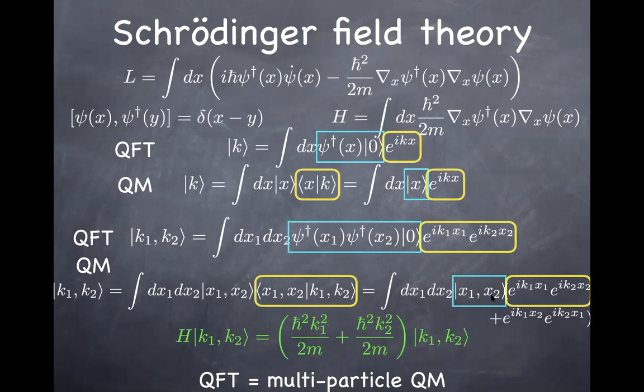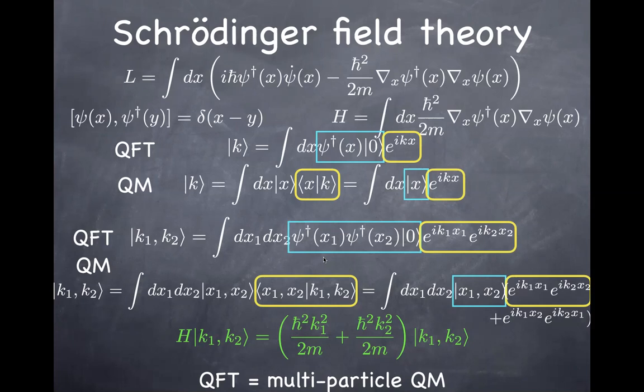So my question is, can we use these two operators to produce only the x1, x2 state? I'm not sure I understand. Because you use these two operators acting on the vacuum, you get a symmetric state automatically, right?